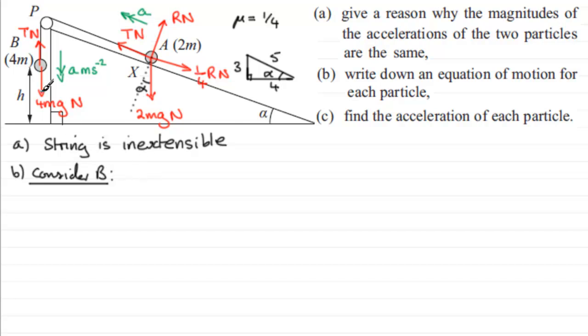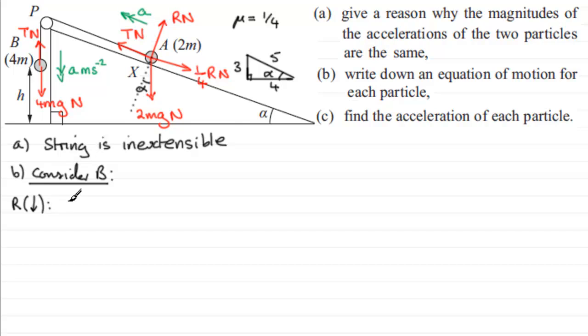And when something is moving and we look at applying that rule, do resolve in the direction of motion. So in other words, downwards is going to be taken as positive.